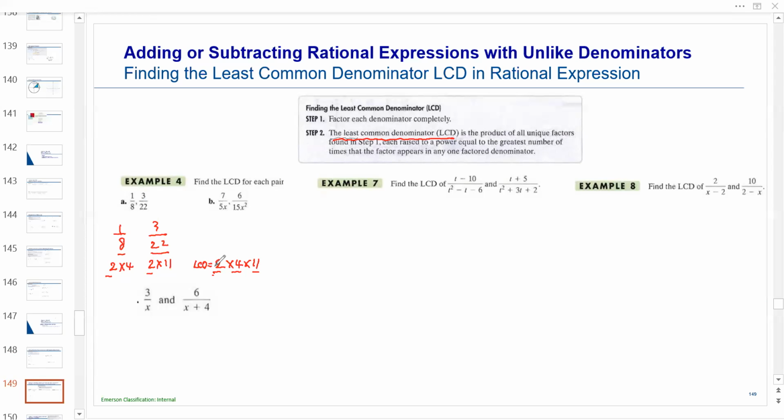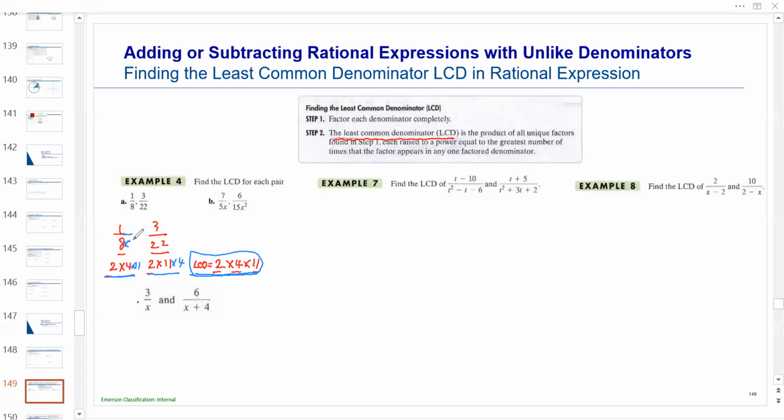So it means if you want to make their denominators the same, here we need a times 11, right? Here we need a times 4. So you can see here 2 times 4 times 11. Here 2 times 11 times 4. They both get this denominator.